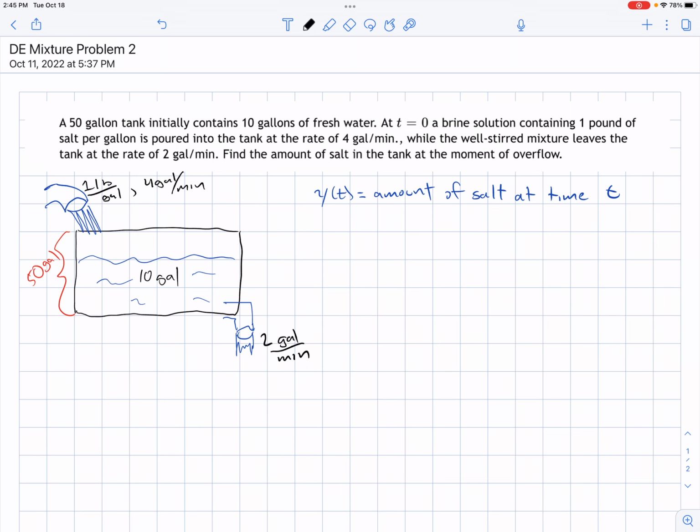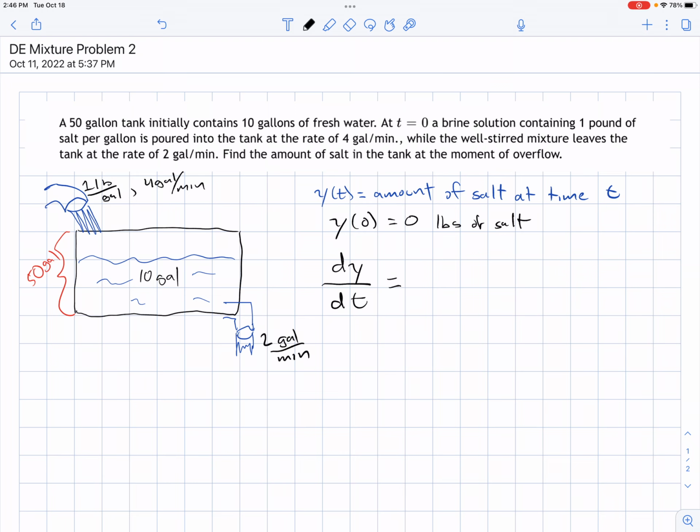The other thing we know is the initial condition: at t equals 0, there are 0 pounds of salt, because there was only 10 gallons of water at time 0. They started to pour the brine solution with salt in it, and now we will have a differential equation, dy/dt, of this salt being poured in.